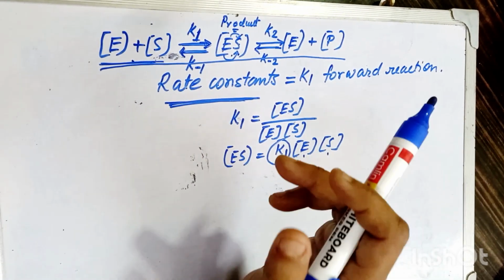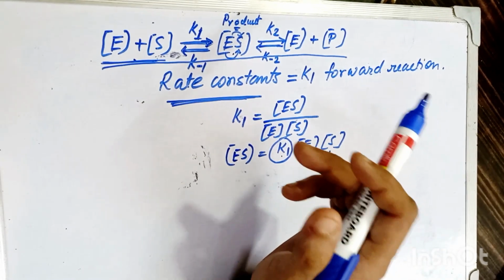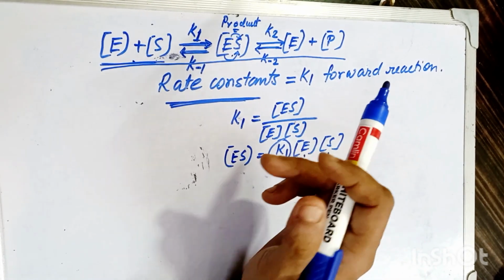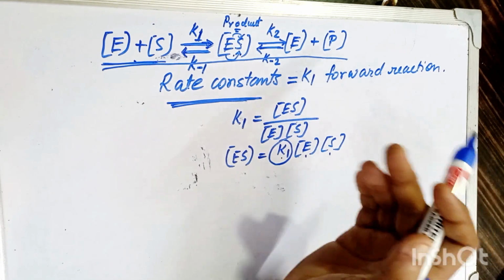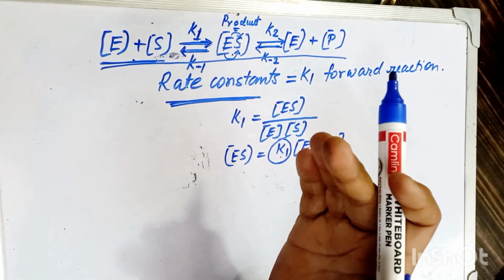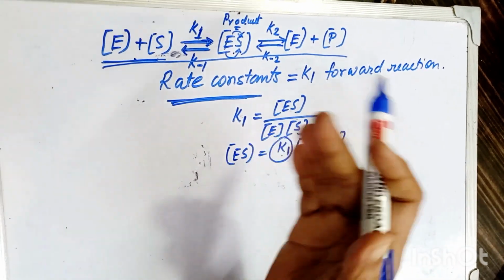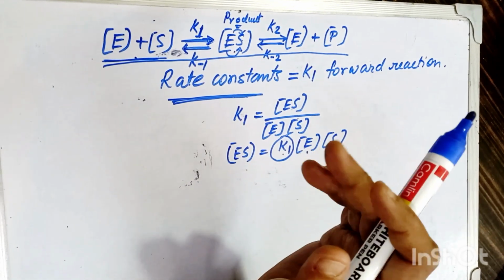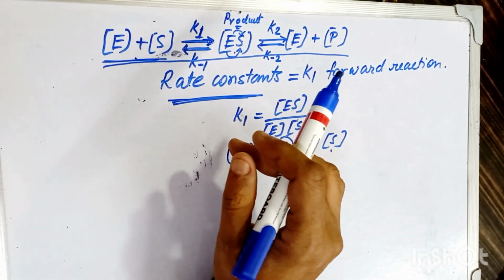So if the primary step, the buying of the tickets, is fast, and the second step, punching of the ticket, is slow, there will be a queue, people will accumulate there. That happens in the case of enzymes also.